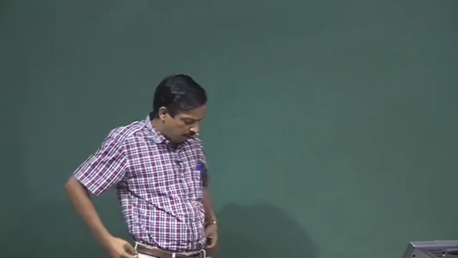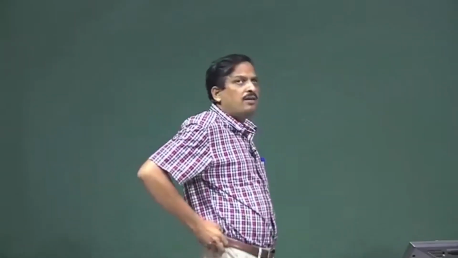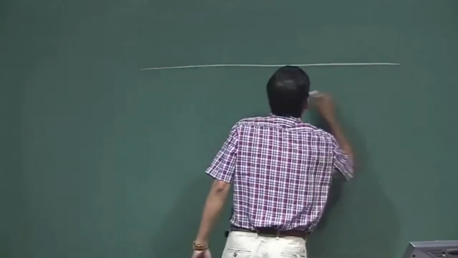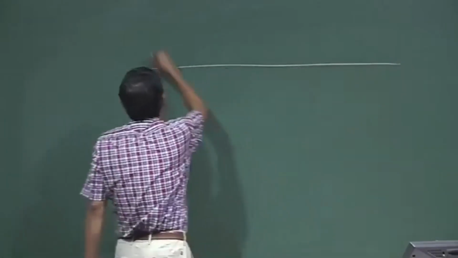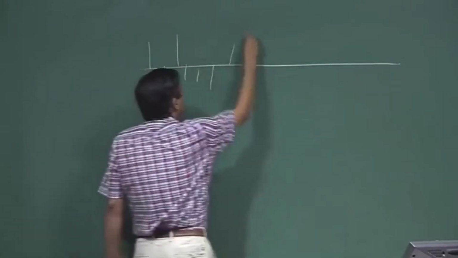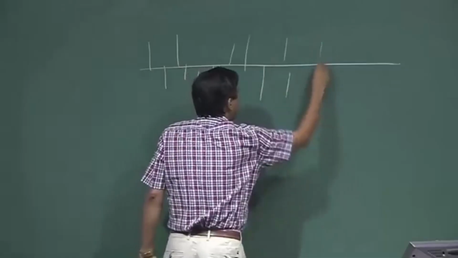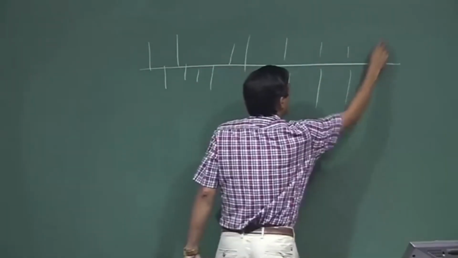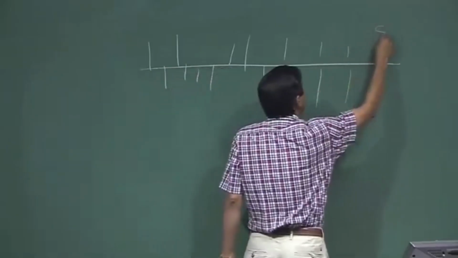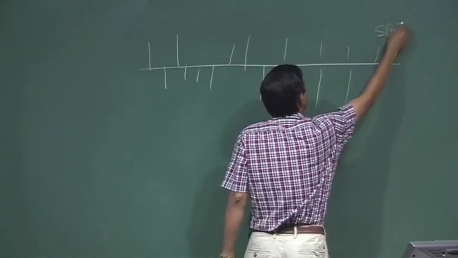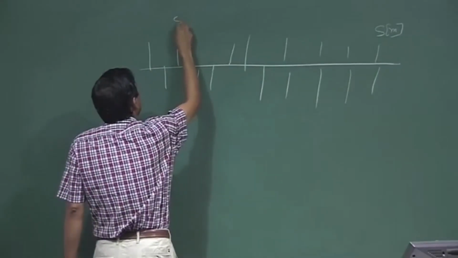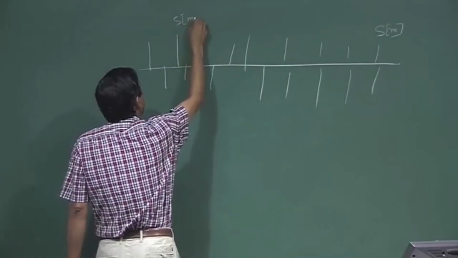How is it possible? First, I have a speech signal, and there are a lot of samples in it. So this is S m, and this sample is S m minus i.